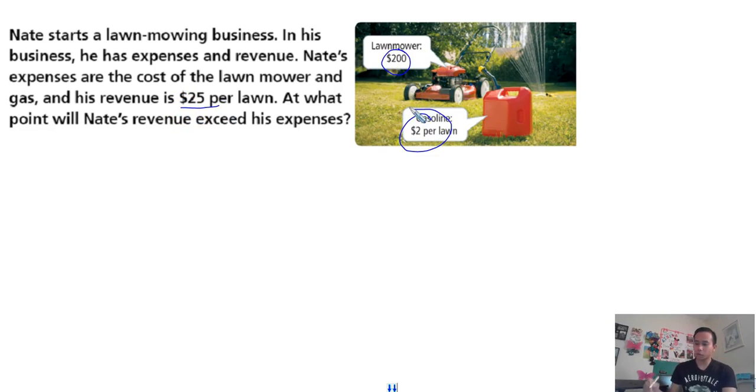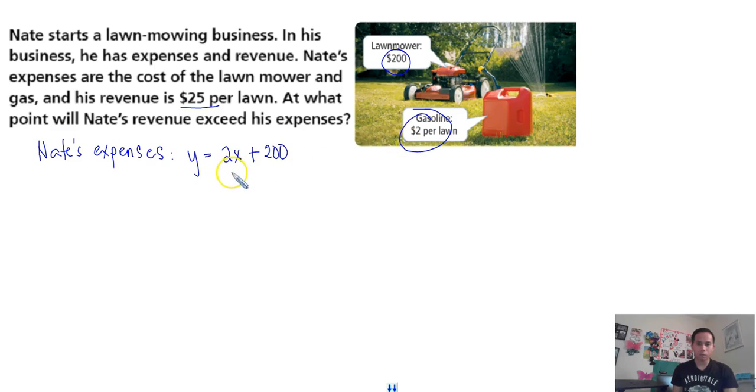So if I'm going to put Nate's expenses, okay, Nate's expenses. So the equation on Nate's expenses is y is equal to 2x plus 200. Where did you get the 200? It's the value of the lawn mower. Where did you get 2x?